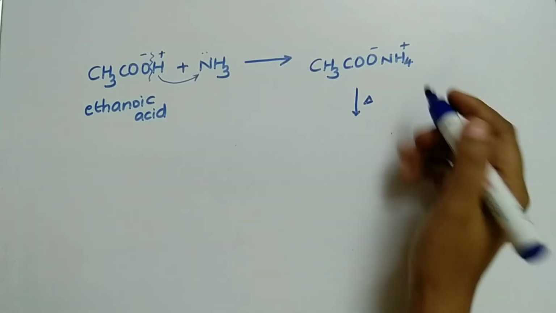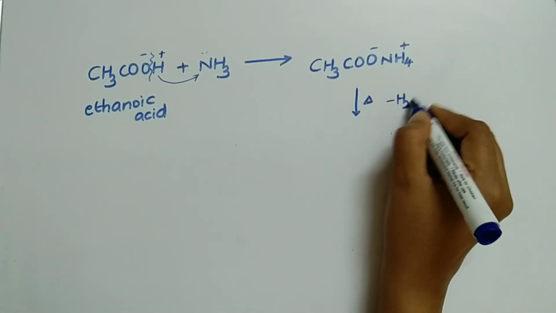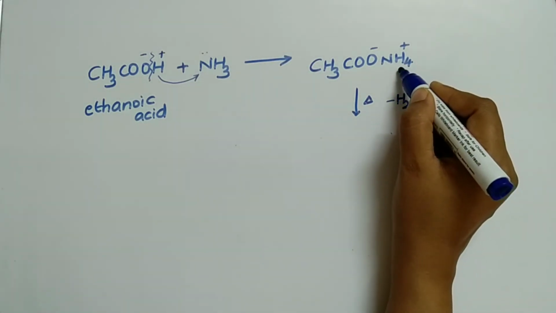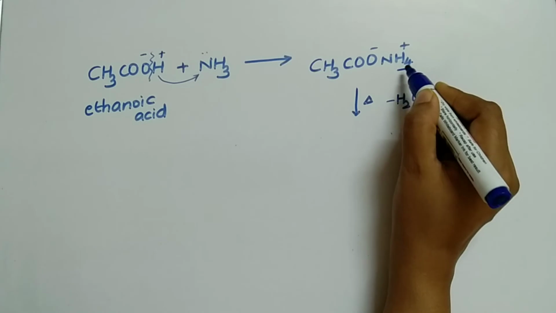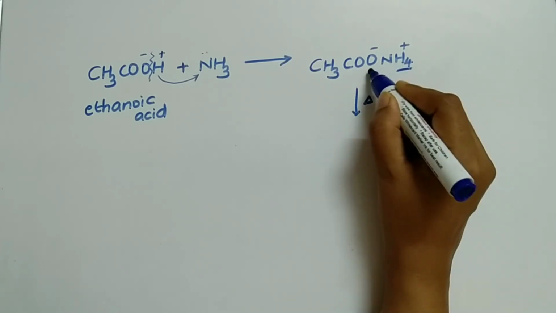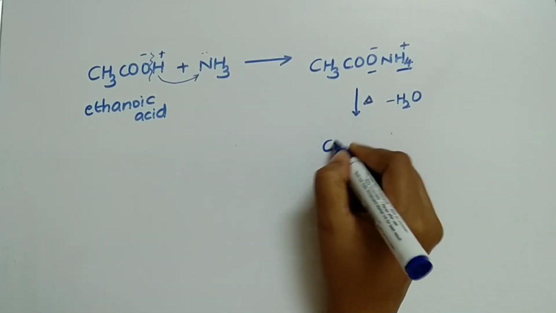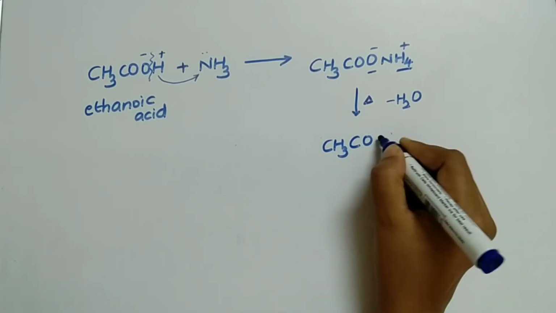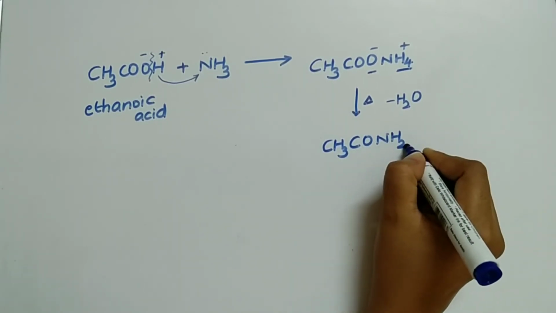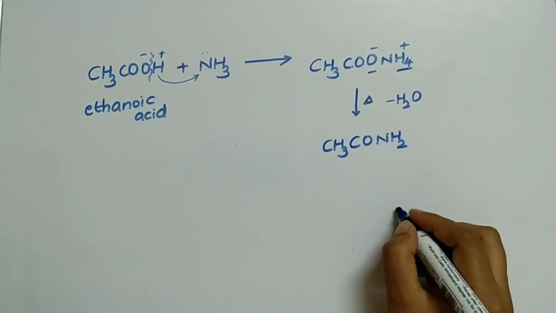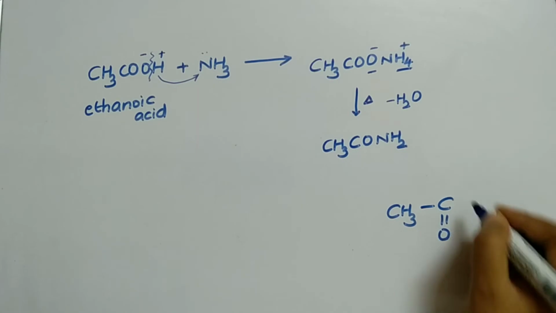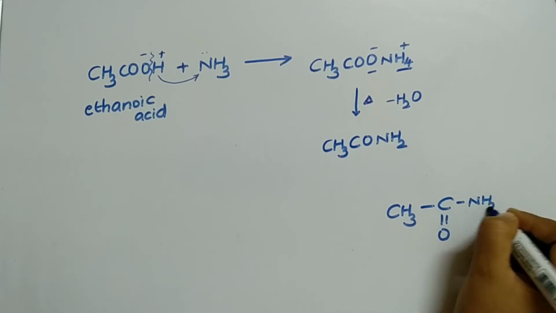So while heating, what happens? A molecule of water is removed. We are removing the molecule of water from here, that is 2 hydrogens from here and 1 oxygen from here. So the compound we get is CH3CONH2. If you write the structure, it is CH3, C double bond O and NH2.